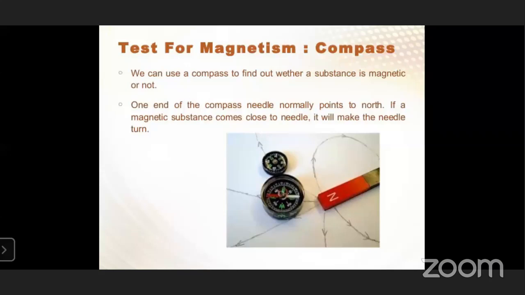Okay, but when you remove the iron from the pan or wherever you have done this activity, separate the iron filings onto a white paper and try to take the bar magnet and keep it below the sheet.